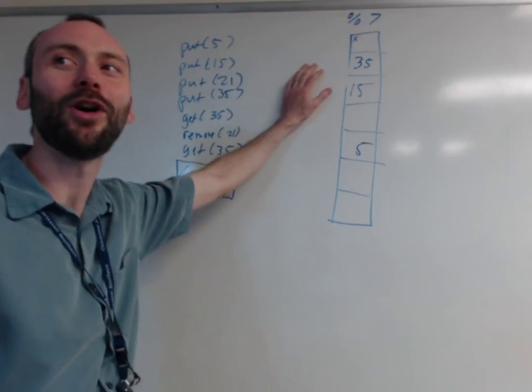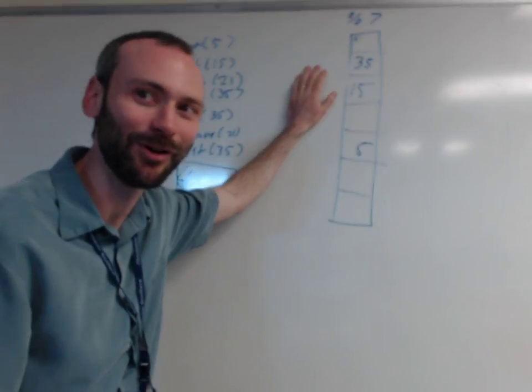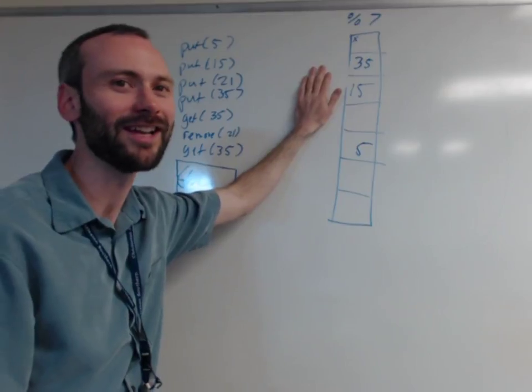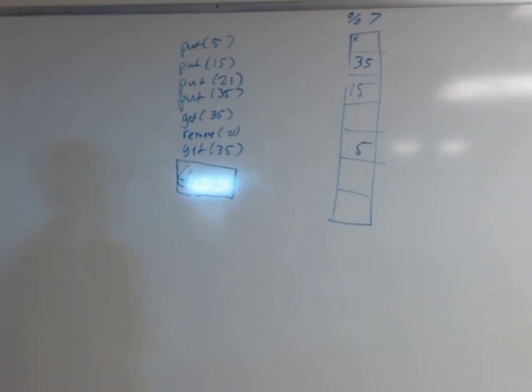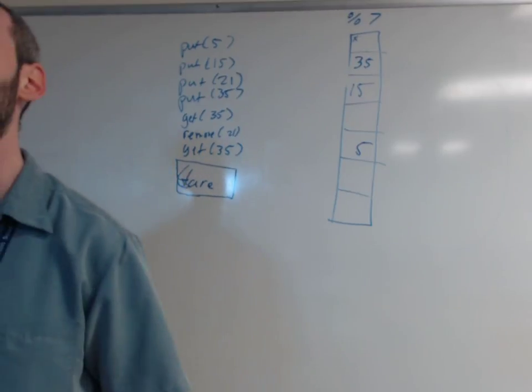Why would we want to do quadratic probing in a hash table instead of linear probing? What would that help us avoid? The weirdness that we just did where we put the 35. So you're doing linear probing. How close is the next item to the one you just put in?